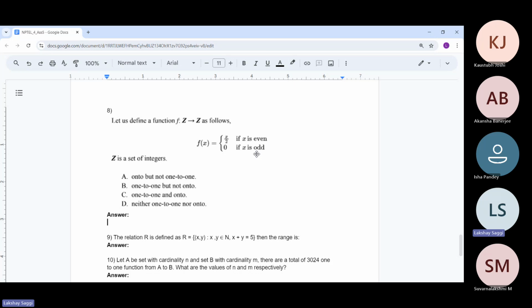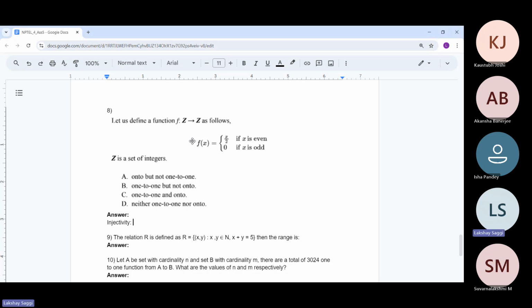And now let's see whether the function f is 1-1 or onto, and so on. So let's check for injectivity. What do you guys think? Is this function 1-1?